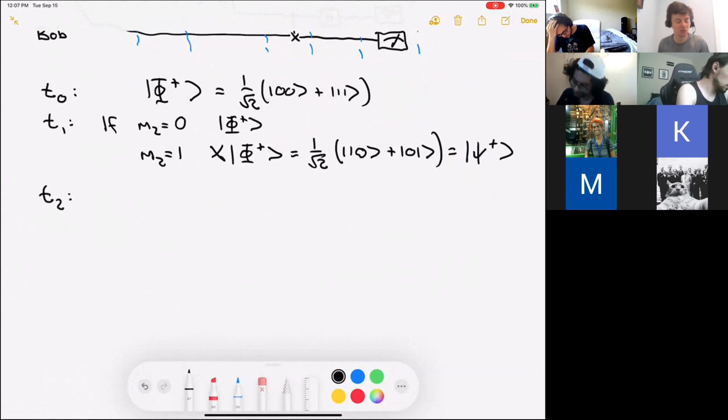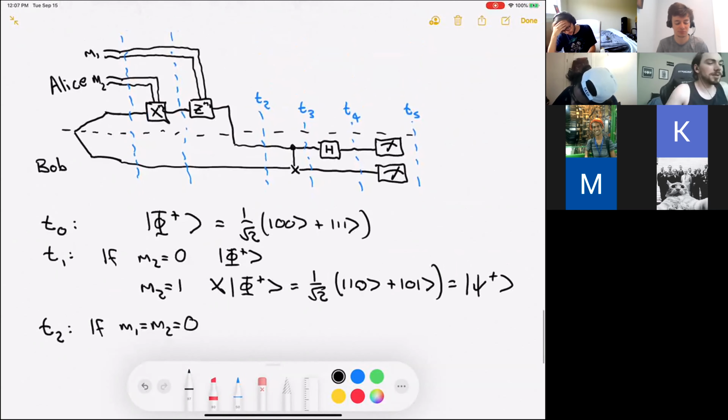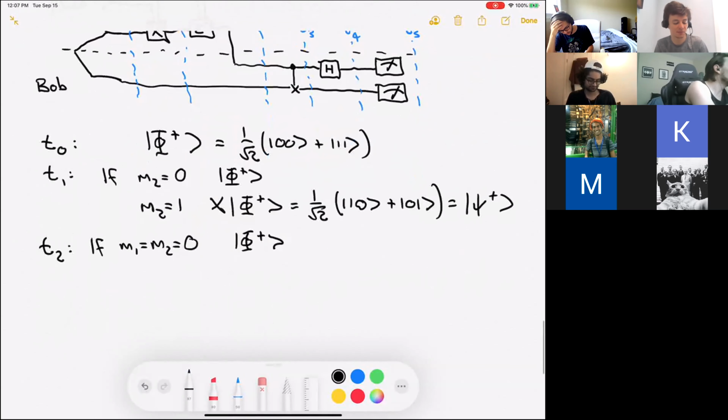What about after T2? So now there's 4 cases. M1 equals M2 equals 0. What's the state? Phi plus. Yeah, right, again, we've done nothing to it. It's still phi plus. Awesome. Okay.